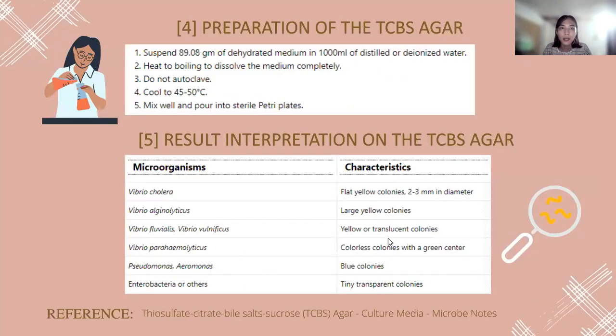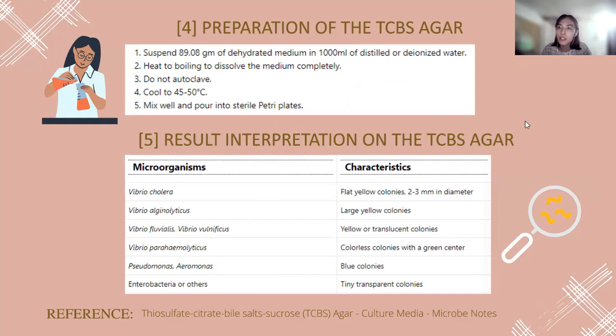Okay, so we move to the preparation of the TCBS agar. Like any other type of agar, like the nutrient agar, we prepare them according to the instructions given by the product itself.